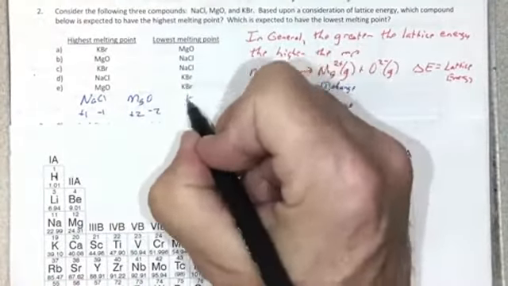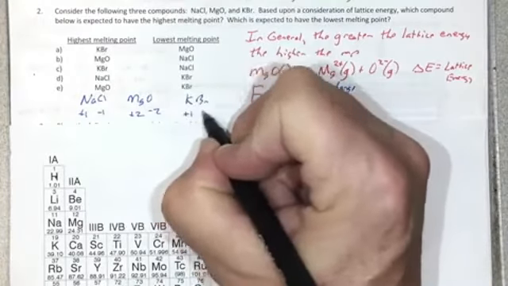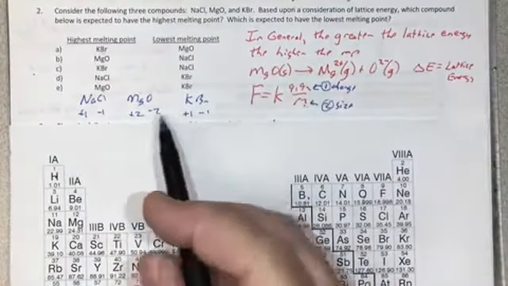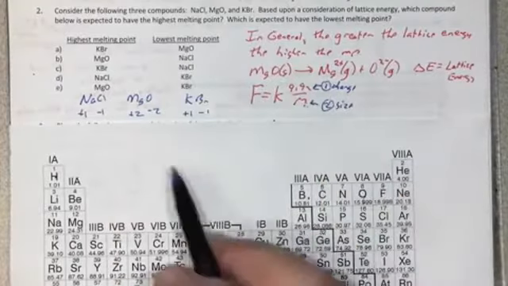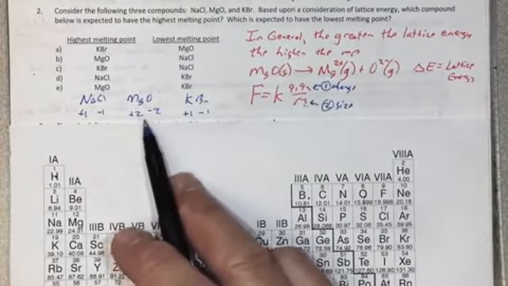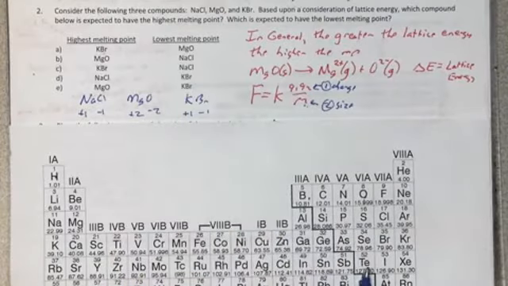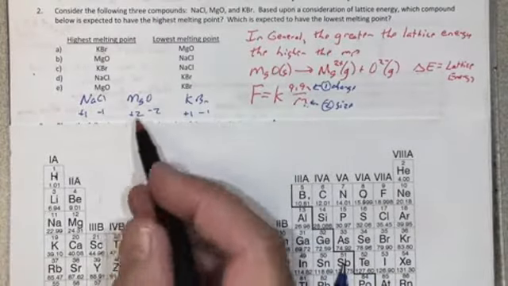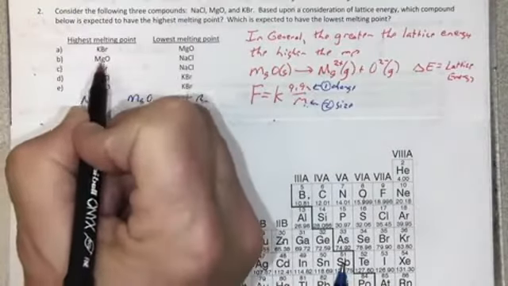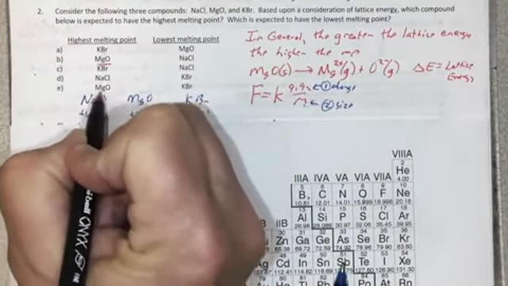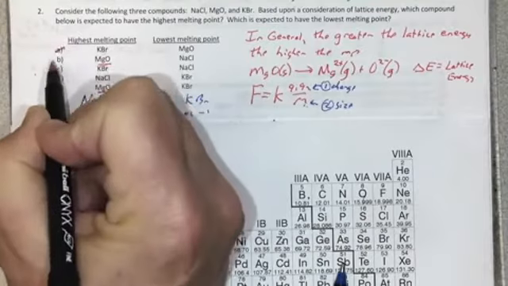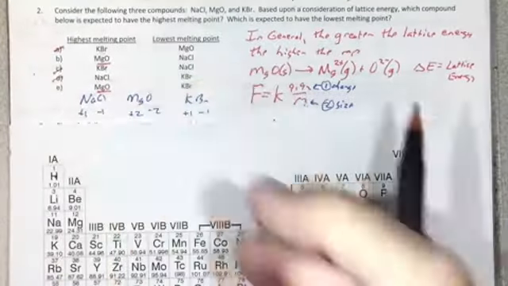And then finally, potassium bromide, KBr, which is +1, -1. So between these, focusing on charge, magnesium oxide has the greatest lattice energy, and therefore it must have the highest melting point. And so the highest melting point must be magnesium oxide. It's either B or E. So we can rule out choices A, C, and D.